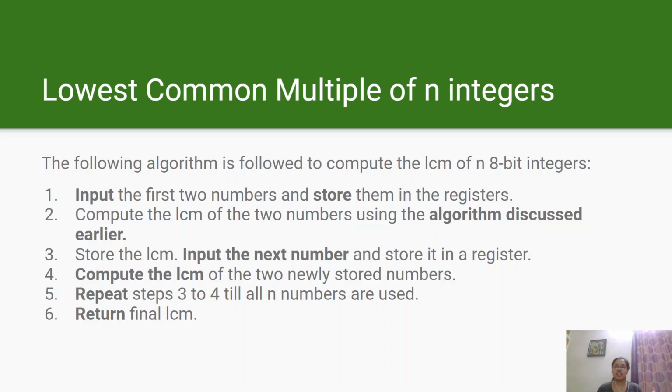So LCM 2 is the LCM of the third integer and LCM 1. If we have 1, 2, 3, we first take the LCM of 1 and 2, and whatever the value is, we take the LCM of that with 3, and we get the LCM of all 3 numbers together. So this is the algorithm for that.